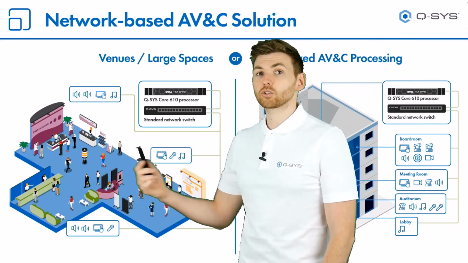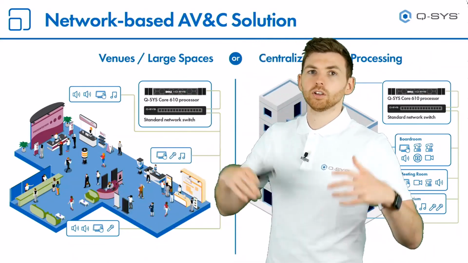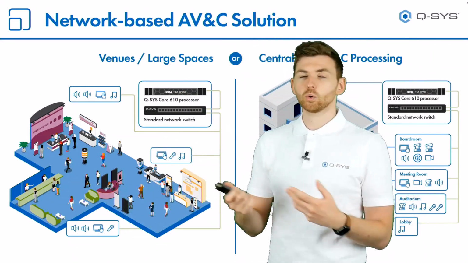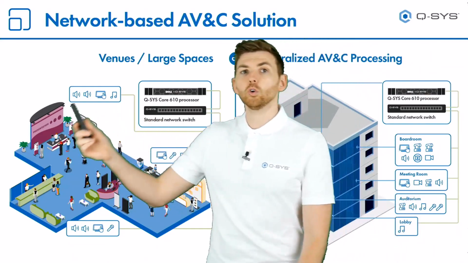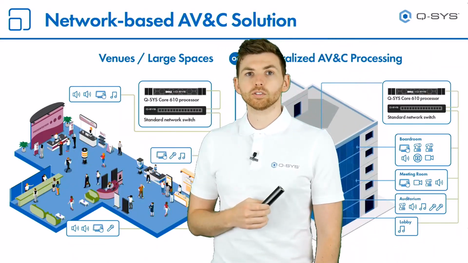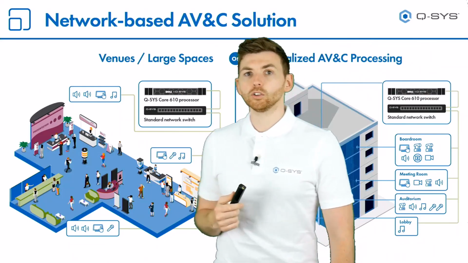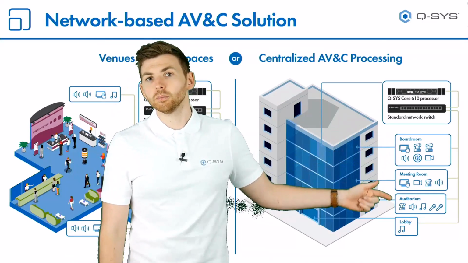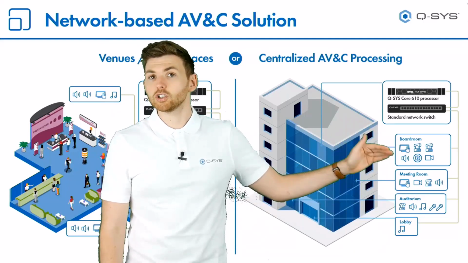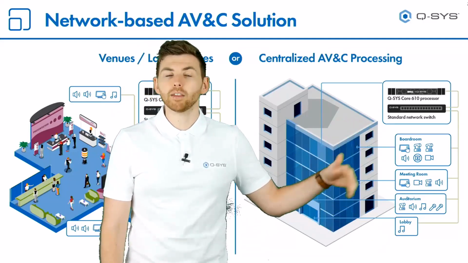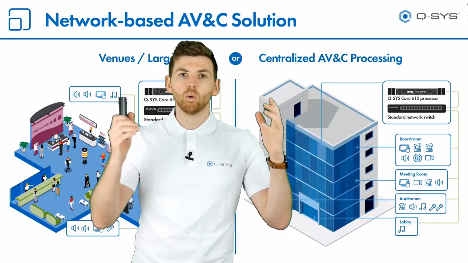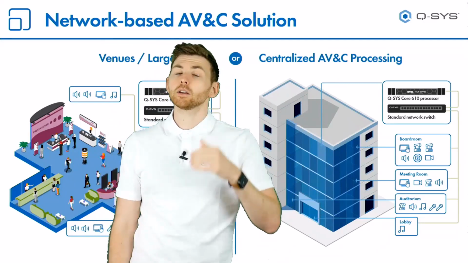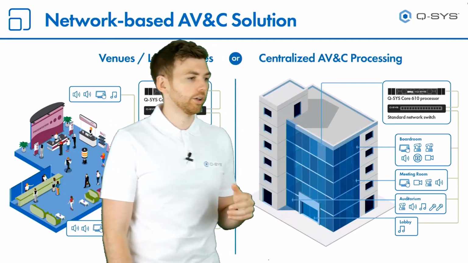So here, in a trade show, you have paging, you have background music, you have it doing meeting spaces, auditoriums, things like that. That could all be one great big Core 610 system there. Or you could have it running lots of smaller spaces, so lots of little rooms, and they're all individual, they don't stream between each other, but they are all on one Core 610. You have one Core 610, or maybe a redundant pair managing all of those.